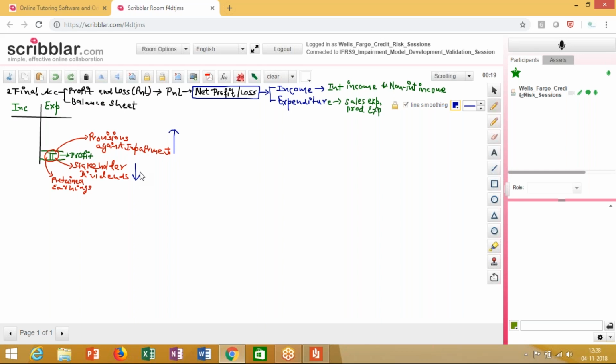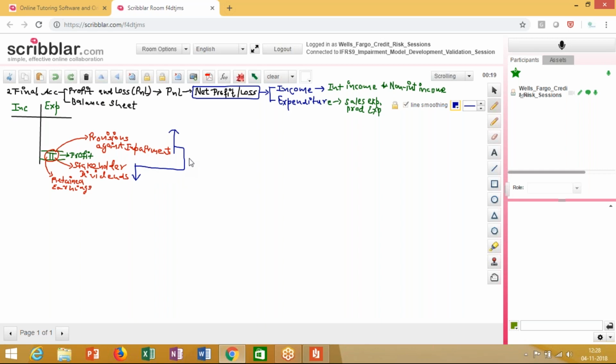So over here I have provisions against impairments and stakeholder dividends, and an increase in one would obviously cause a decrease in the other. And this is where the bank comes under an optimization problem.